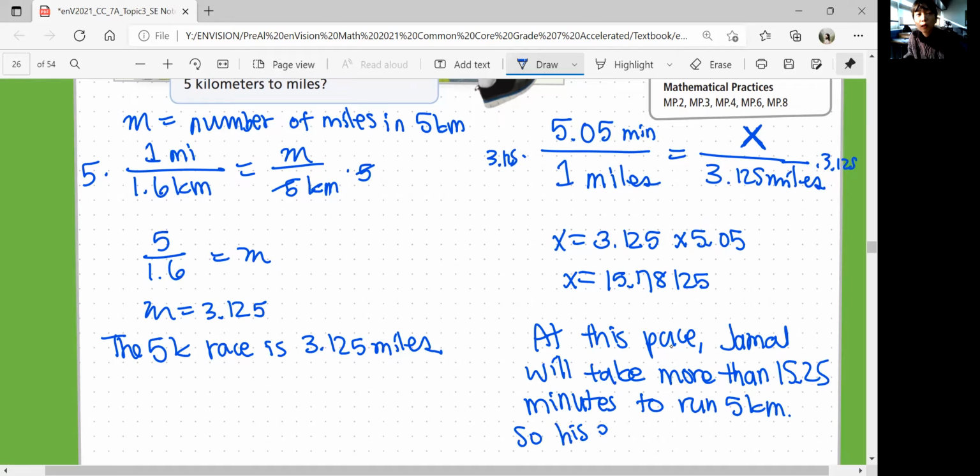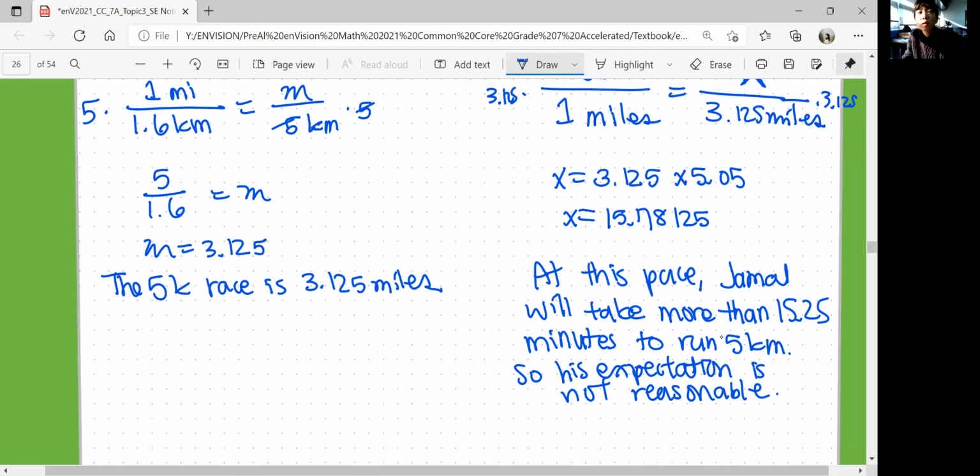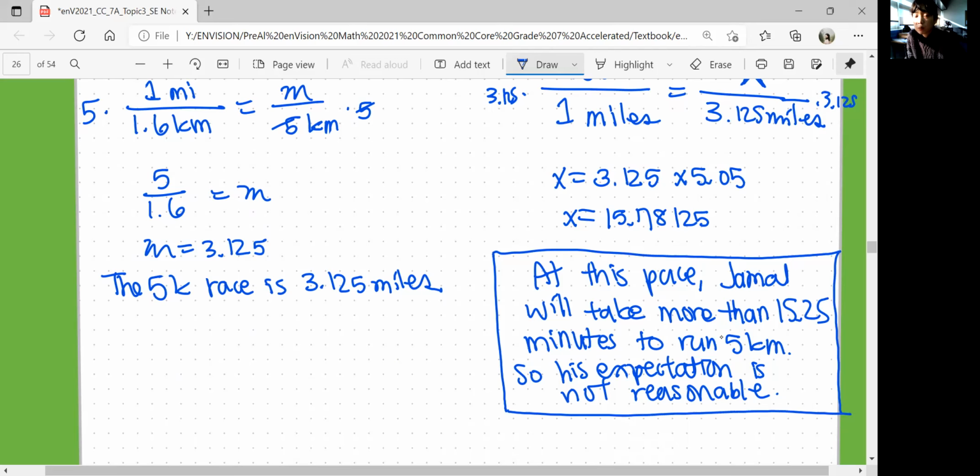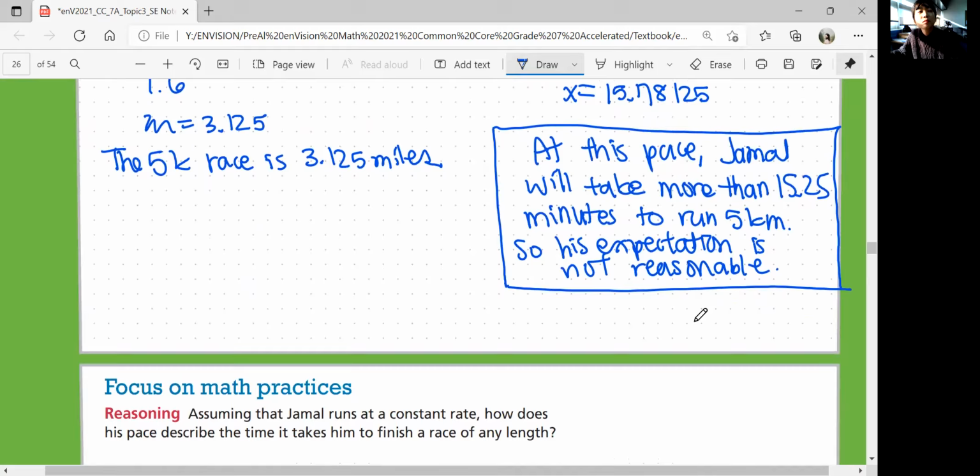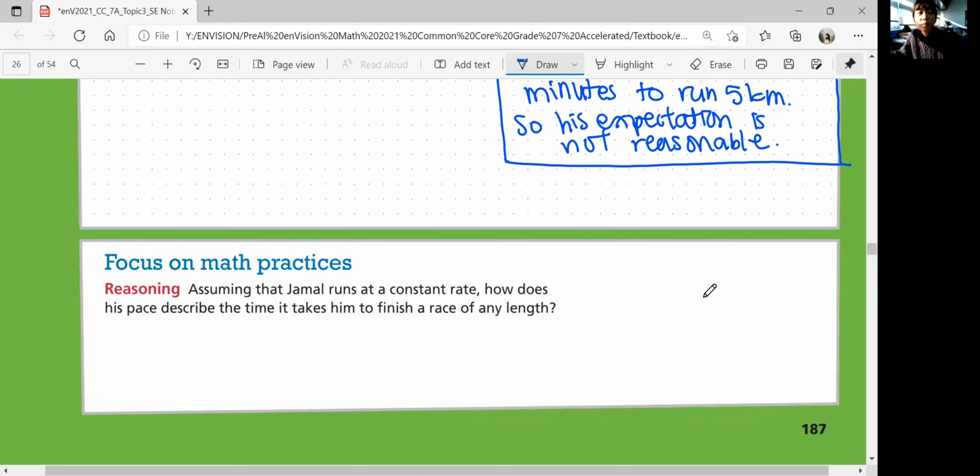So his expectation is not reasonable, right? He either has to speed up his pace in order to break the record, or he shouldn't expect to break the record, right? So let's focus on math practices.